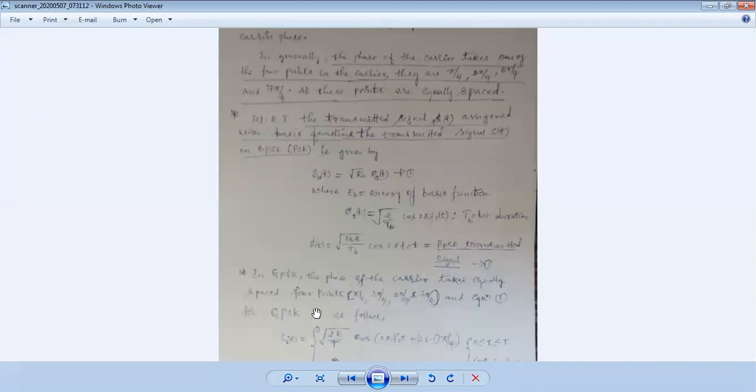For QPSK, we have to change the frequencies. Look back, we use the word quadrature. Quadrature means, for example, one symbol is transmitted by 2 bits. The 1 will be sent as S1, and the complement of 1, which is 0, will be sent to S2 of t.